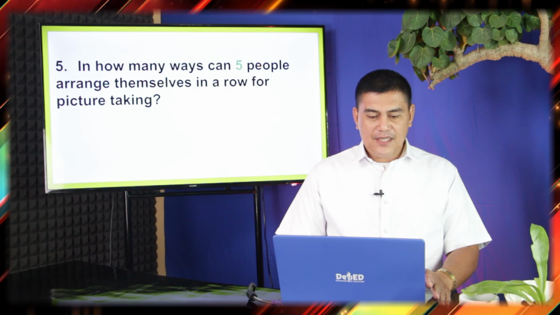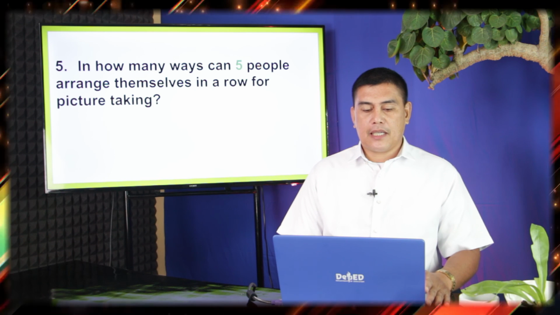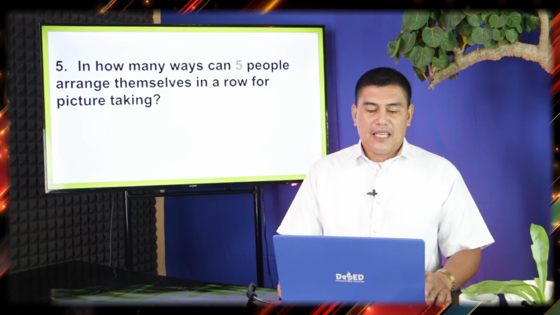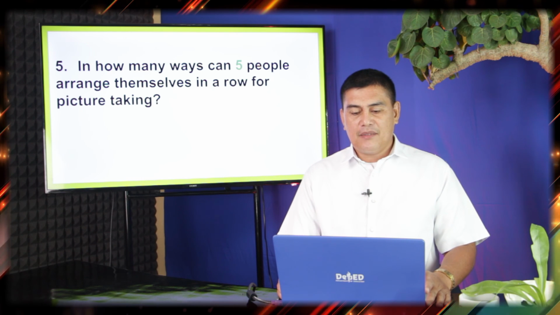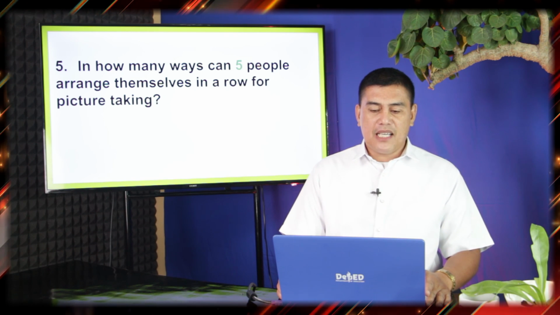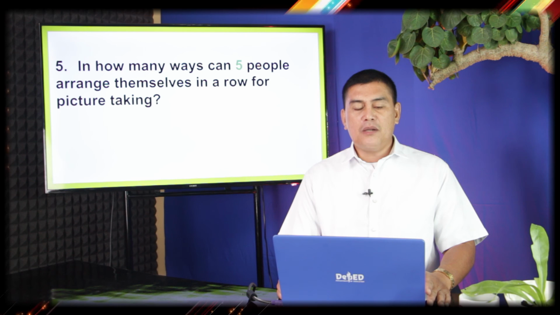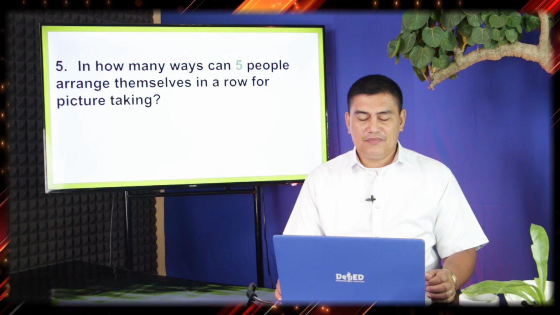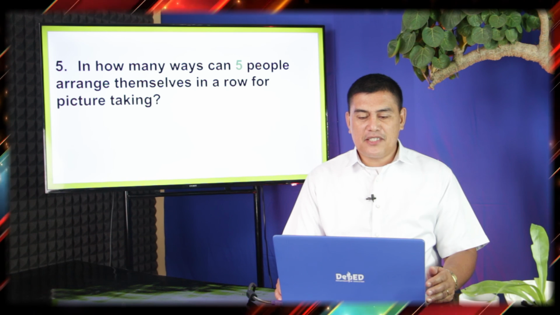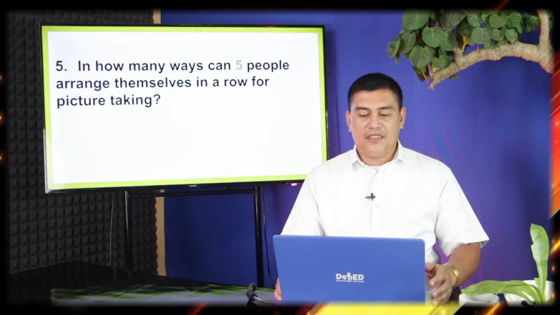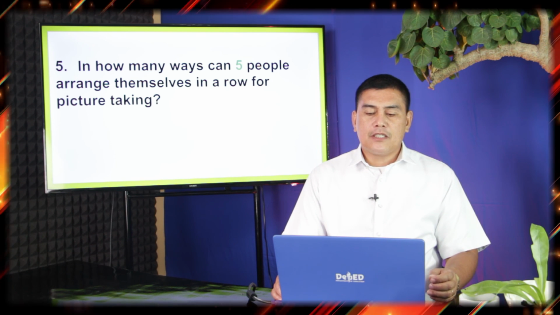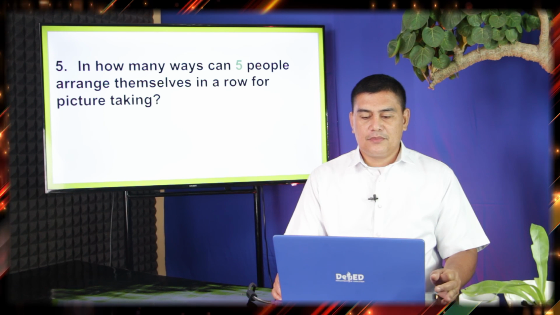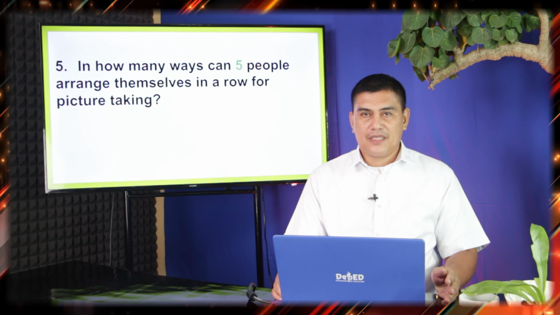Okay? Last one. This is related to our task number 2. In how many ways can 5 people arrange themselves in a row for picture taking? For 3 seconds, but I will give you 5. Let's start now. 5, 4, 3, 2, 1.